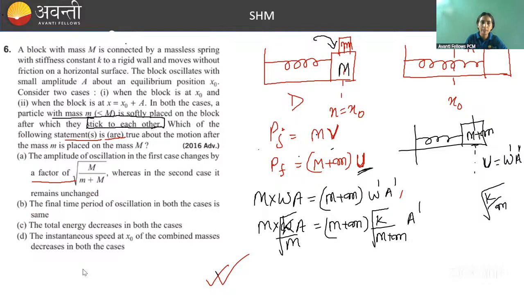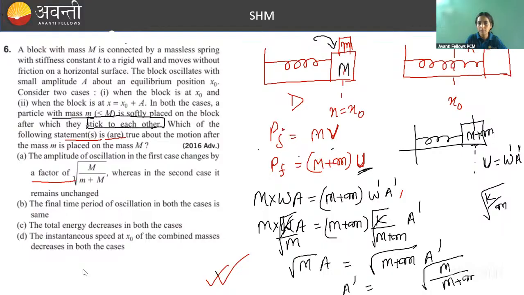We can solve it now. आप k को cancel कर डालो यहाँ से. This will become root under M into A, and this will become root under M plus m into A dash. So A dash will become M by M plus m into A. This is going to be your new amplitude.